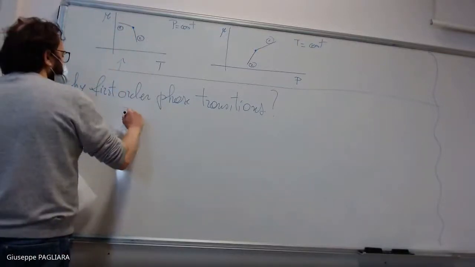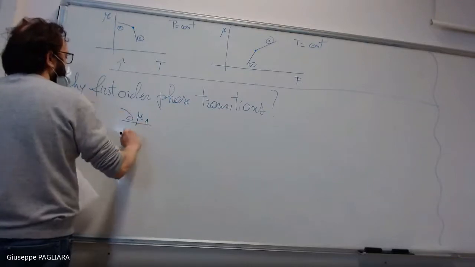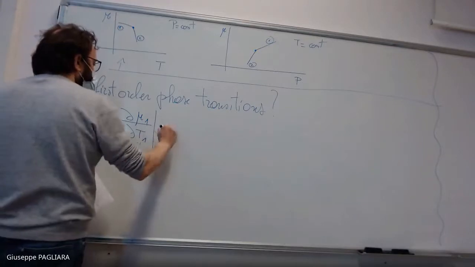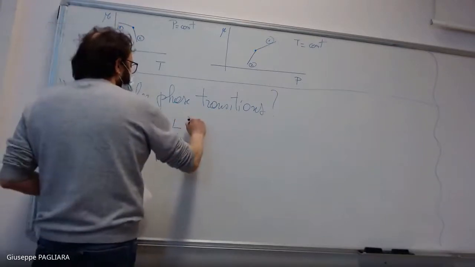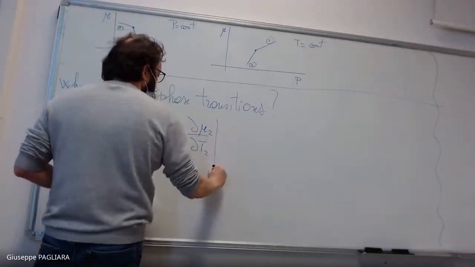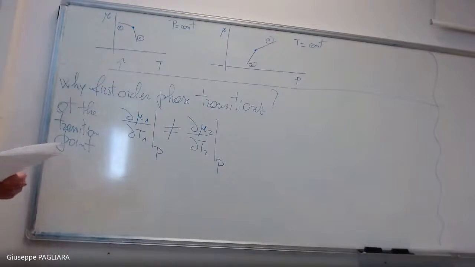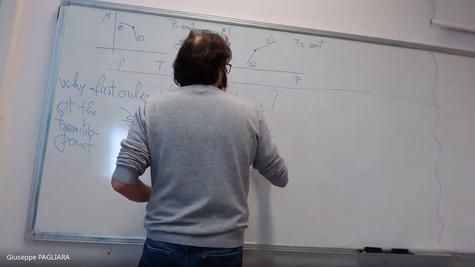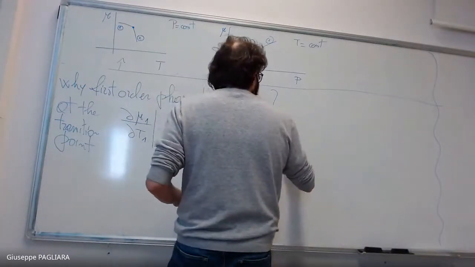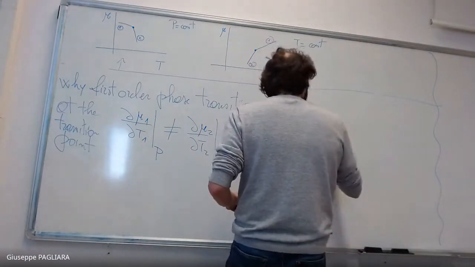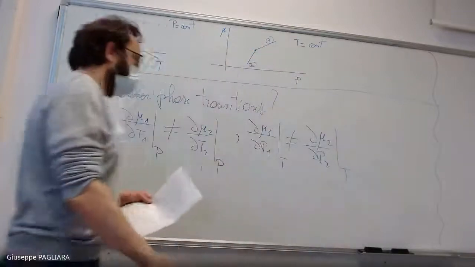The derivative of mu1 with respect to T at fixed pressure is different from the derivative of mu2 with respect to T at fixed pressure, and similarly in this case, the derivative of mu1 with respect to P at fixed temperature is different from the derivative of mu2 with respect to P at the same temperature.